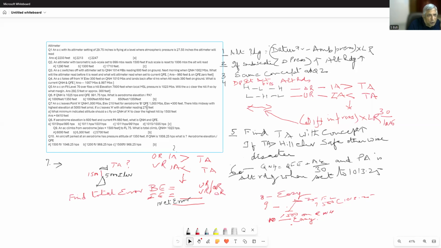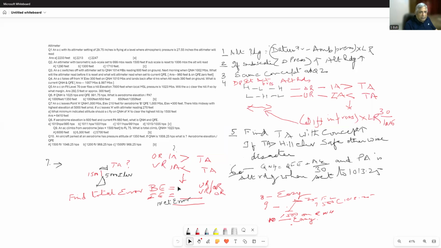If you set QFE, the altimeter should read 0. So in this case, when it is not reading 210, you have an instrument error. Don't blame the QNH, you have an instrument error. And due to instrument error, your altimeter is overreading. So write down here that my instrument is overreading by this amount.